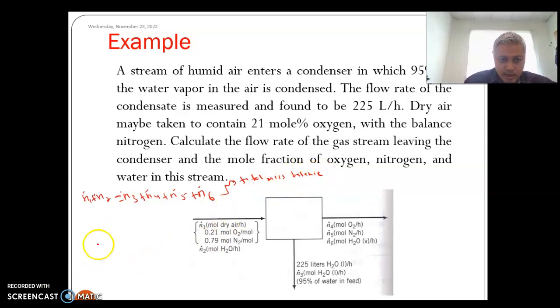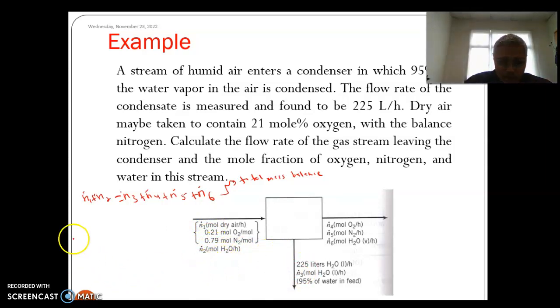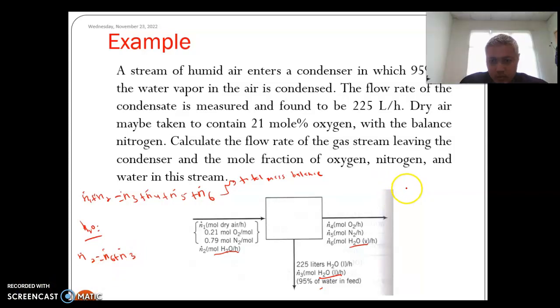And then we have component balance, where we have balance for H2O, right? So if we do for H2O, we have N2 equals, okay, H2O is here, here, and here. So we have N2 equals N6 plus N3. Then we can finally do mass balance for dry air, where we have N1 equals N4 plus N5.